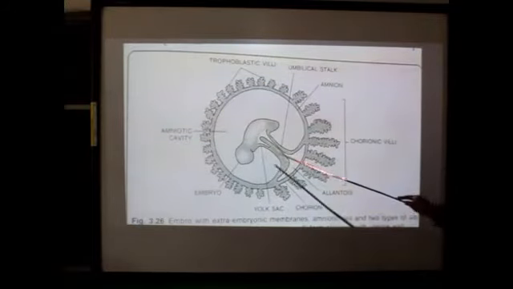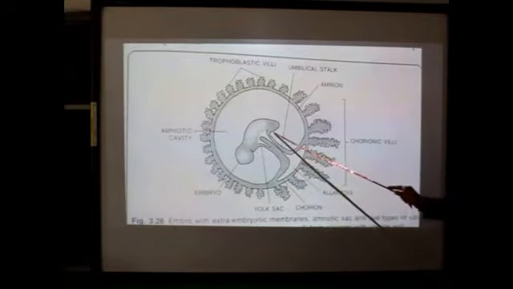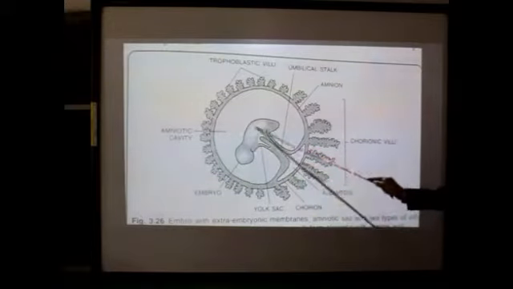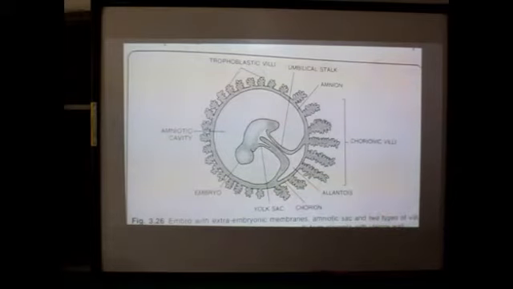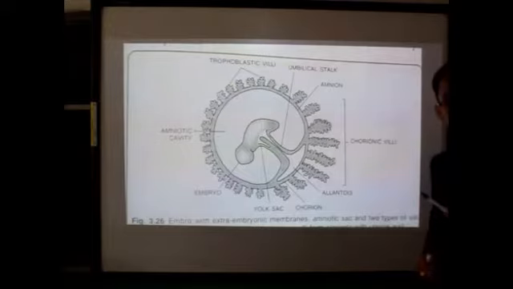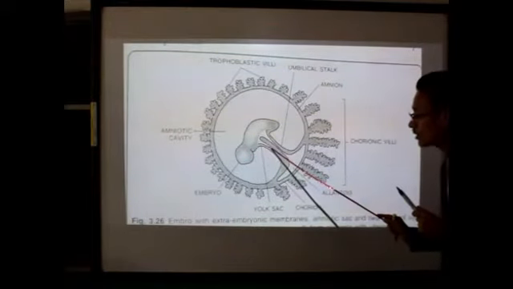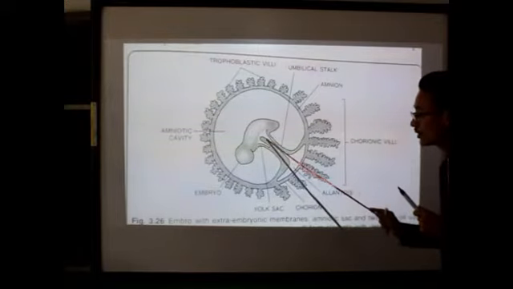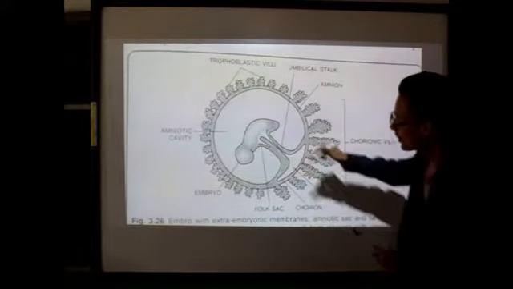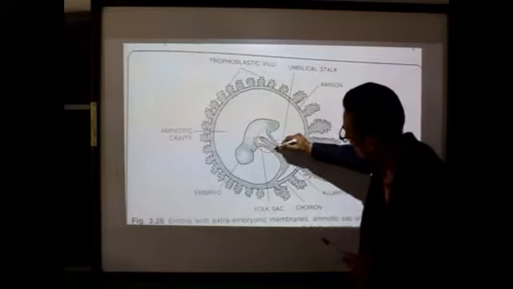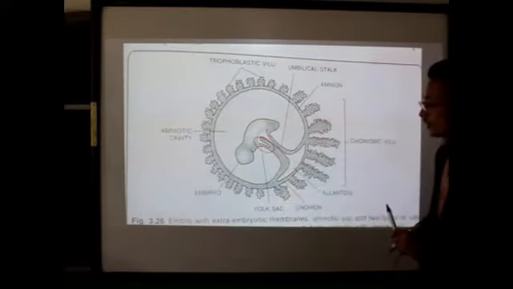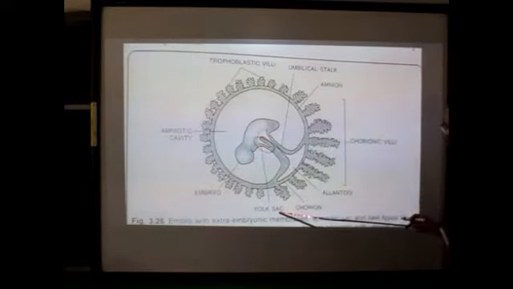So this is the embryo part, as you can see in the figure. Close to the embryo, you can see the origin of a sac-like structure. This sac-like structure is called the yolk sac.